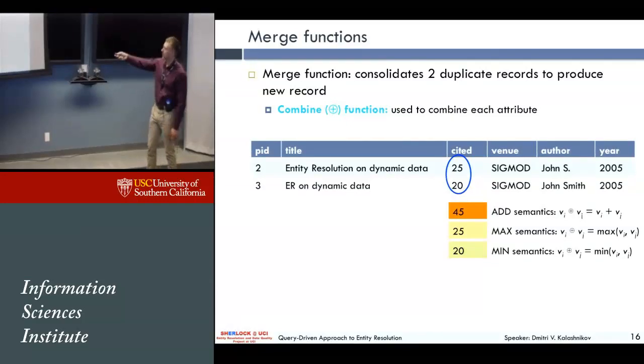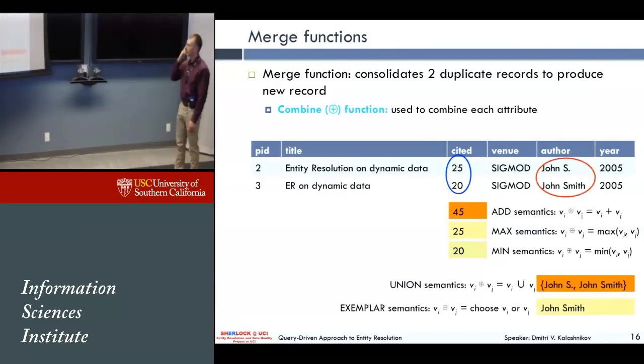Meaning that if you see 25 and 20 in Google Scholar, it means Google Scholar did not figure out they're the same, and you need to add citations. But in different situations it could be different, so you don't necessarily need to use add semantics. In certain domains, you need to use max or min semantics.